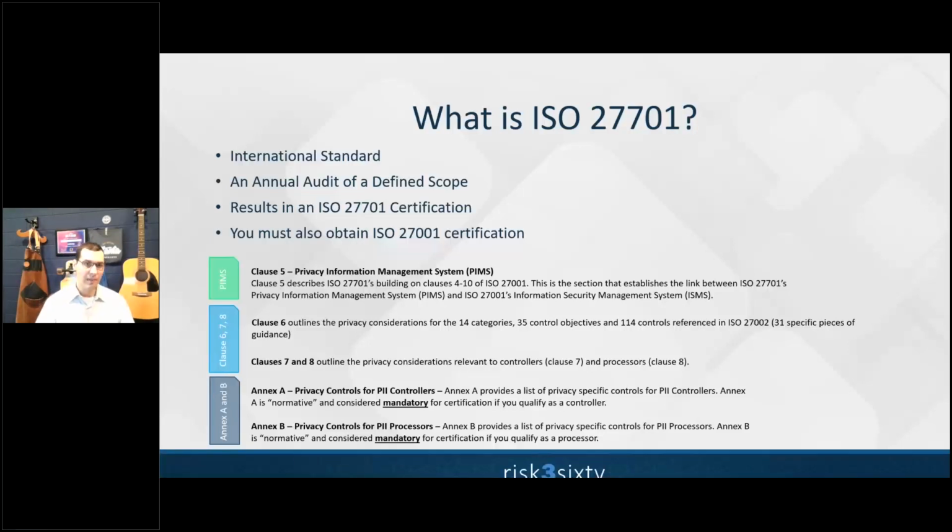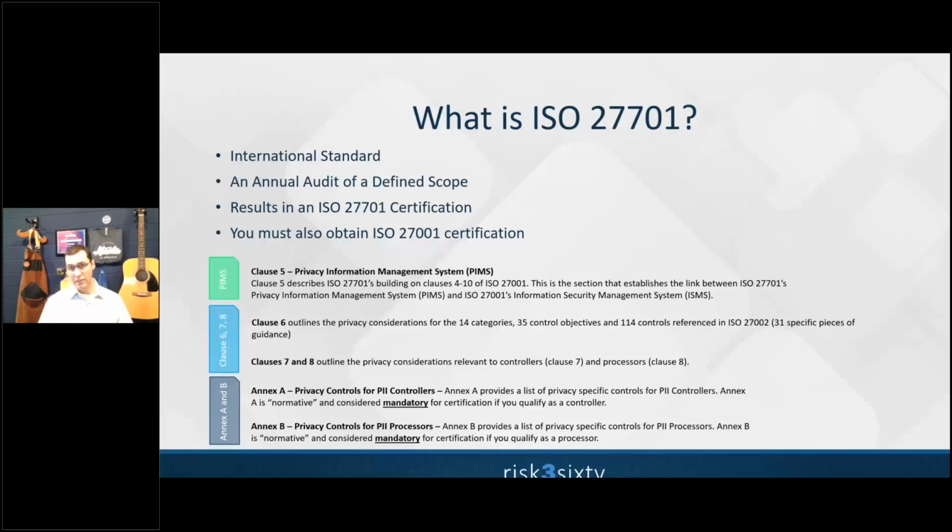So there are really a few components listed on the screen to the 27701 standard. The first, clause 5, is the privacy information management system, or you'll hear it referred to most often as the PIMS. So this builds off of the management system requirements of ISO 27001. Those are classically known as clauses 4 through 10 of 27001.